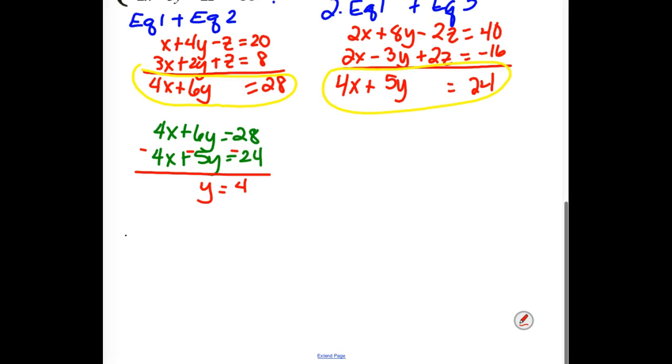When you have a system of two variables and two equations, as soon as you find one, you can dump it back in and get the other one, correct? So dumping it back in here, we have 4x plus 24 equals 28. So 4x would be 4, x would have to be a 1.